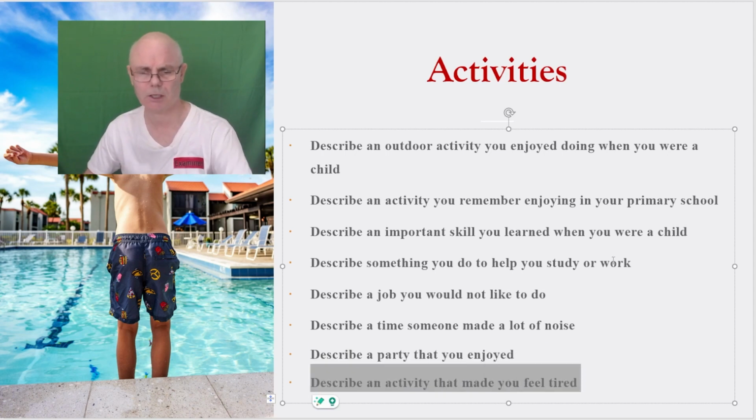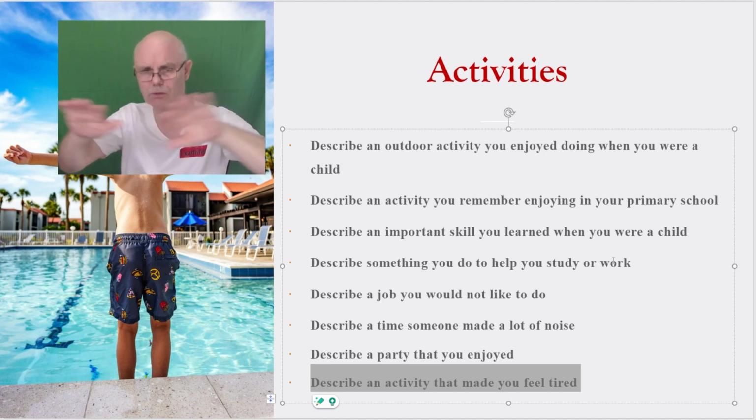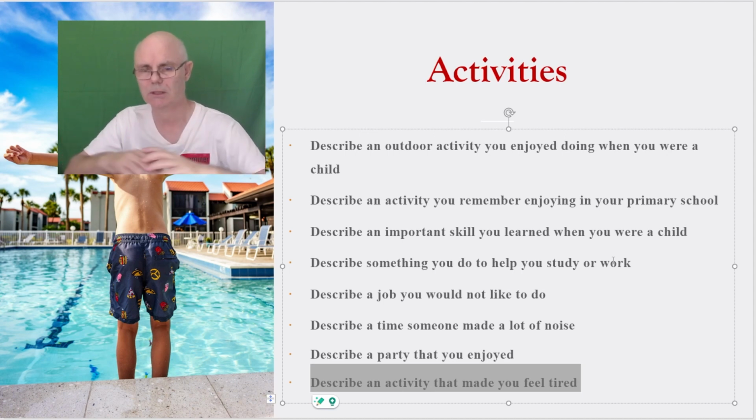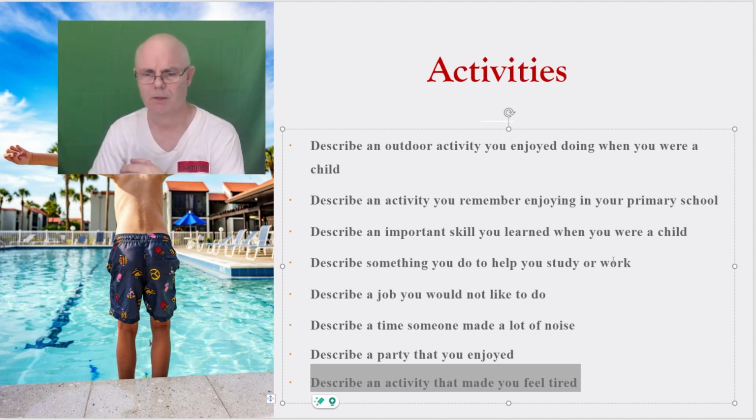An activity that made you feel tired, it could be the party or it could be swimming, and I might go from swimming to snorkeling, and how I was tired, and so I stopped swimming breaststroke because that's quite tiring, and I changed to freestyle. So that could be useful there.